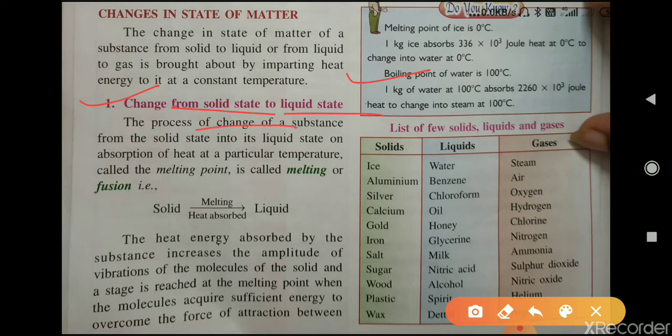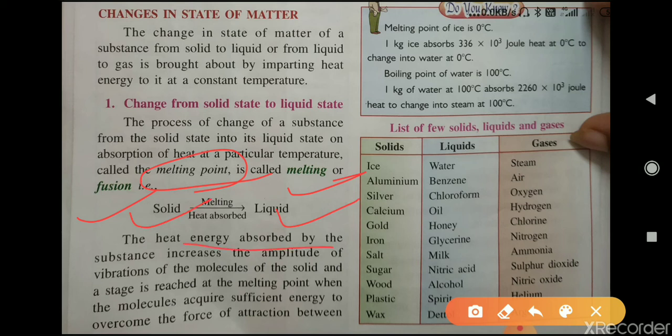The process of change of a substance from a solid state into its liquid state on absorption of heat at a particular temperature is called melting or fusion, and that temperature is called the melting point. Means that particular temperature on which a solid changes into liquid is known as melting point, and that process is known as melting or fusion when a solid changes into liquid.